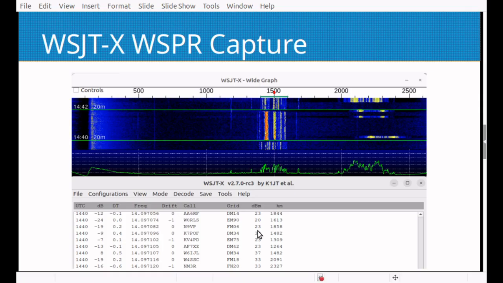So the transmitter for this particular transmission right here is saying they're transmitting at 30 dBm, which is slightly below the 5-watt maximum that's recommended. This is the distance between the transmitter and the receiver. This is computed by WSJT-X and is not part of the message that is in the WSPR standard message.